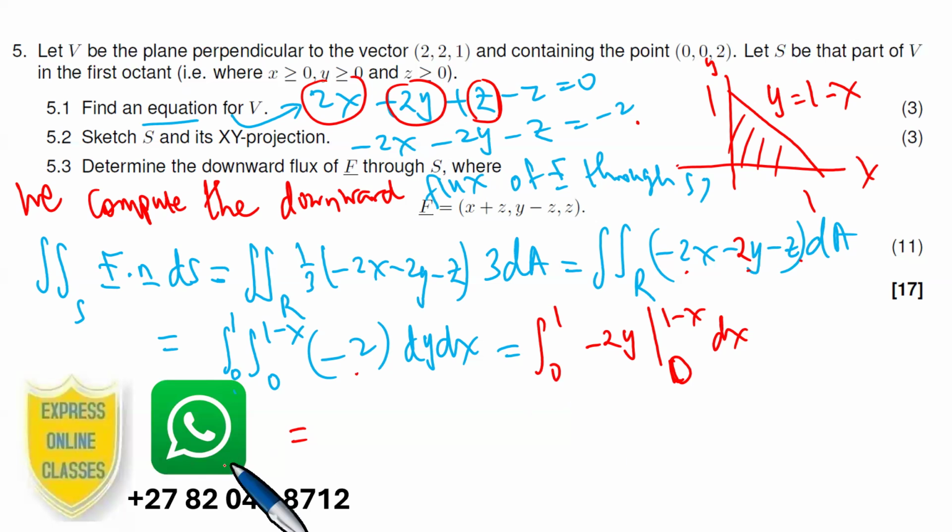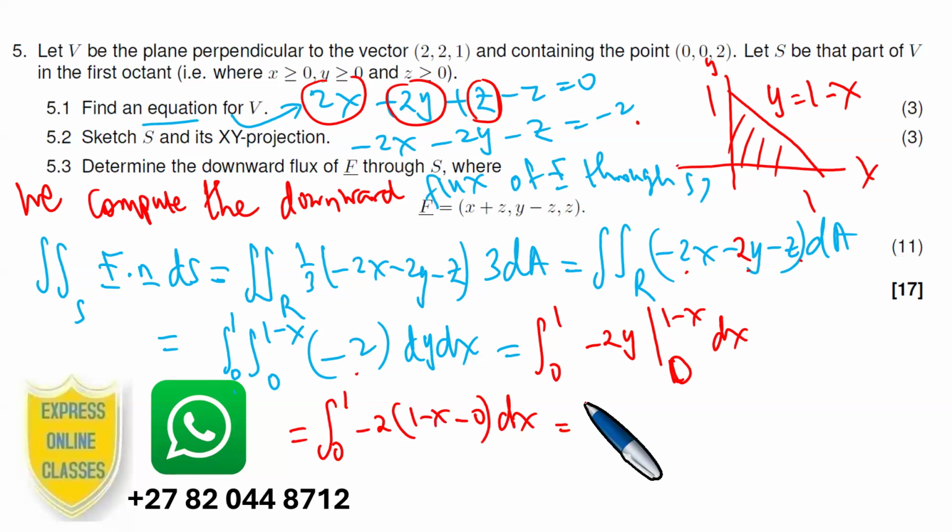Right, let us integrate together. We integrate from 0 to 1. So it's minus 2, and then you substitute the 1 minus x and then minus 0, dx. And if you simplify this one, it becomes the integral from 0 to 1 of minus 2 plus 2x dx.